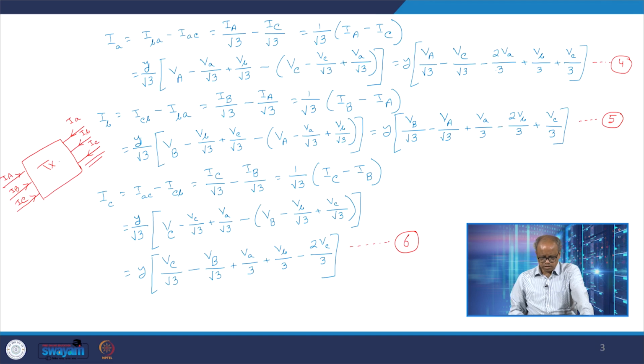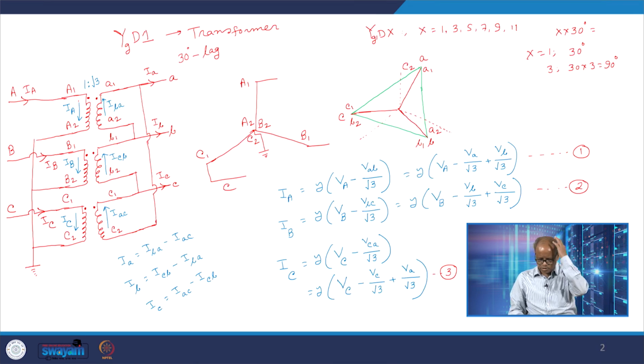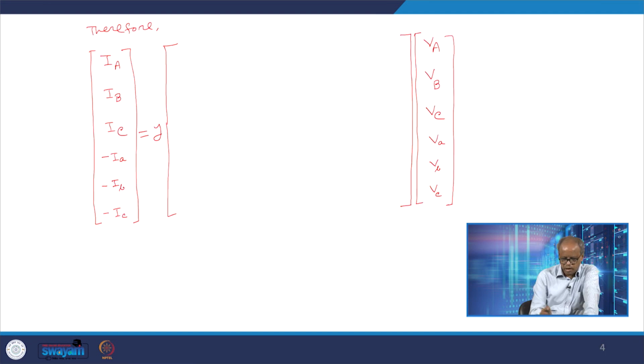First equation, I capital A from equation 1, VA minus VB, so it would be 1, then 0, then 0, minus VA by root 3, so minus 1 by root 3, plus VB by root 3, so this is 0 and this is 0, right?